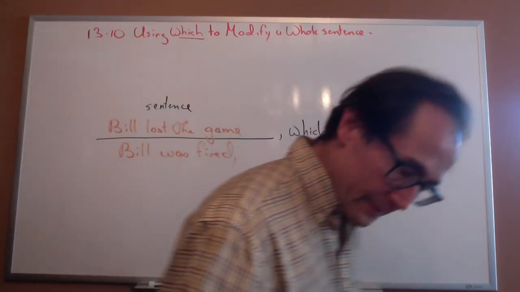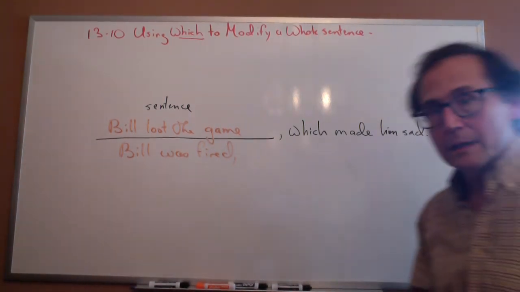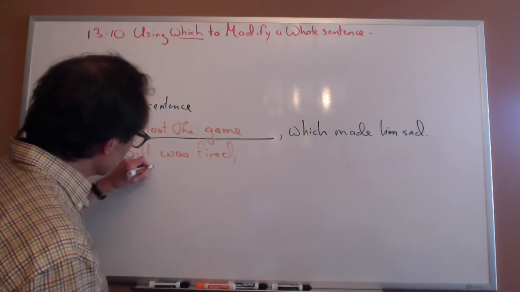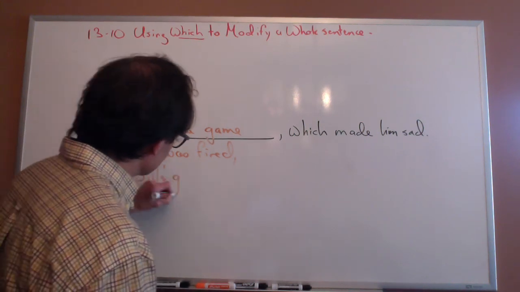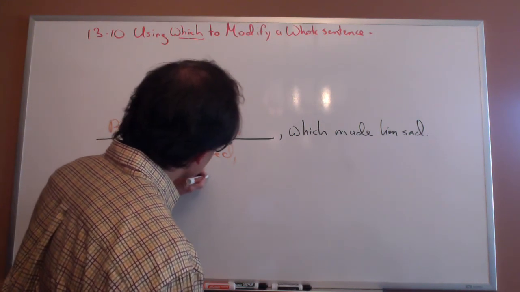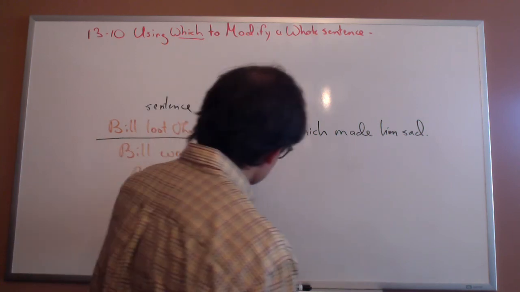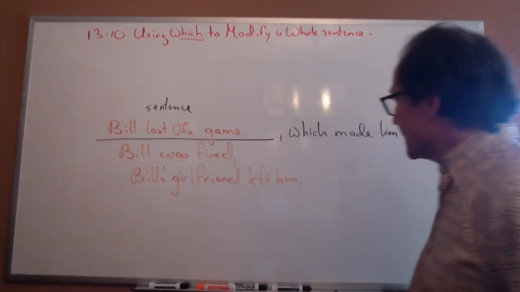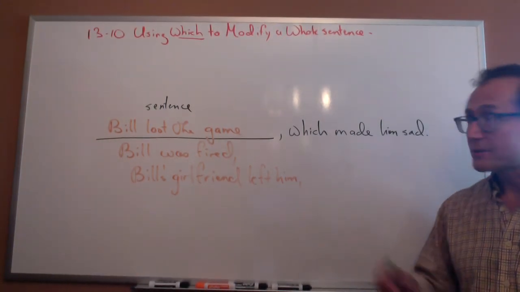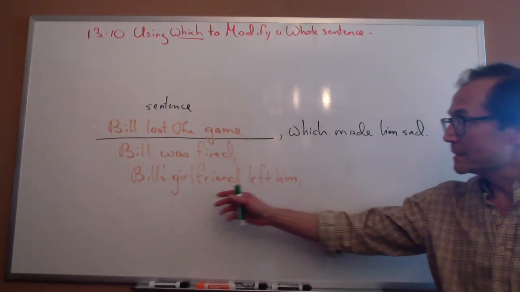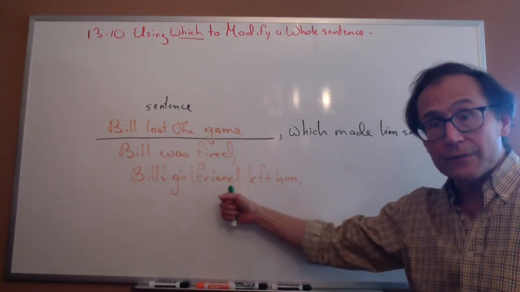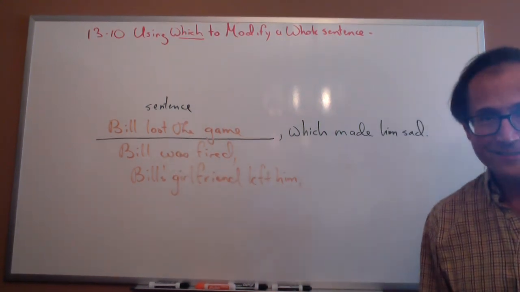Or, let's see, I could say, Bill's girlfriend left him, which made him sad. So all of these things, he lost the game, he was fired, his girlfriend left him, all of them made him sad.